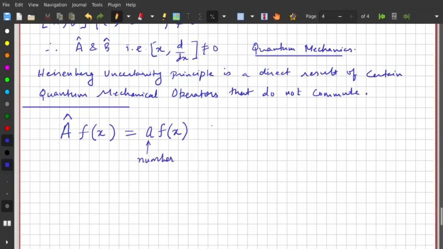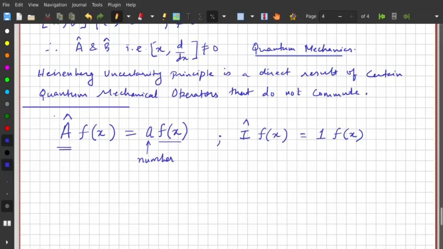We have already seen one such operator, a very trivial one, which is the identity operator. The identity operator acting on any function f of x gives 1 times the function itself. So we specifically want to look at these kinds of operators which, when acting on a function, provide an output which is a number times the function itself.